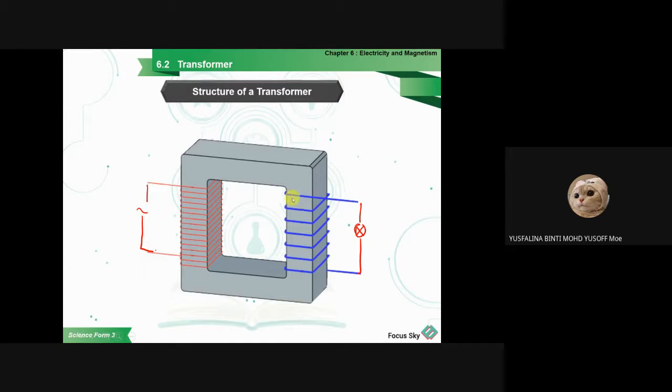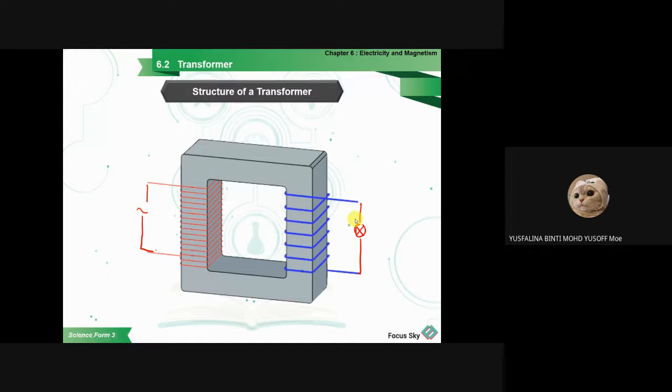After it transfers the magnetic fields, the coil here cuts the magnetic fields and produces the induced EMF, and at the same time it produces the induced current. That's why the current flows through the secondary coil and also lights up the bulb. So that's the function.